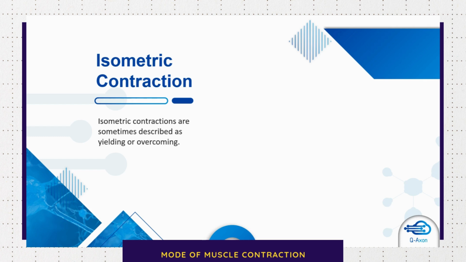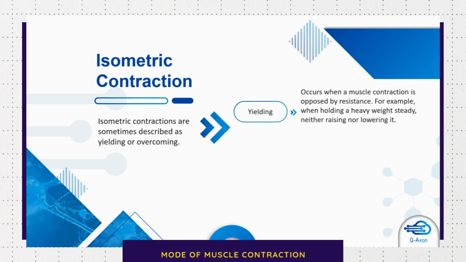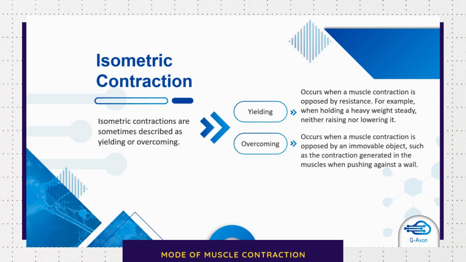But then this is called a yielding type of isometric contraction. This is because after some time, the muscle cannot take this load anymore, and then he may just drop the weight. So the object is not immovable, it is movable, and therefore we call this a yielding type of isometric contraction. On the other hand, there are other activities.